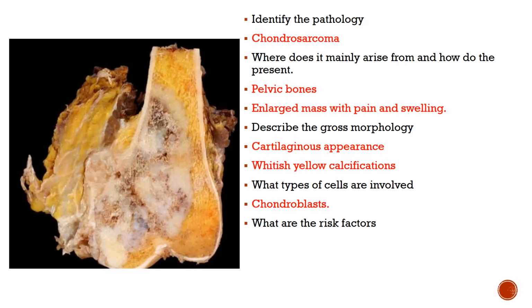What are the risk factors? I think one of the risk factors is an existing osteochondroma. I think there's also Paget's disease, but I don't mean the Paget's disease of the mammary gland; I mean Paget's disease of the bone. That is the one I'm talking about.